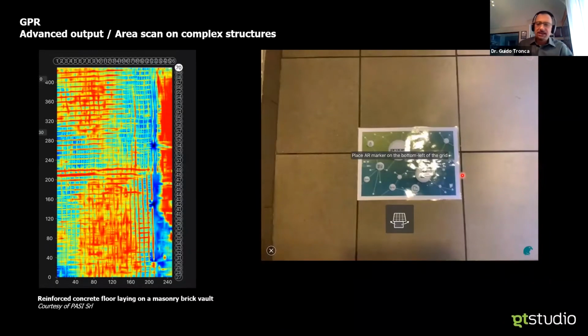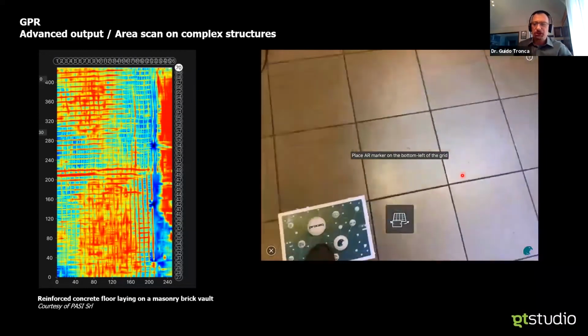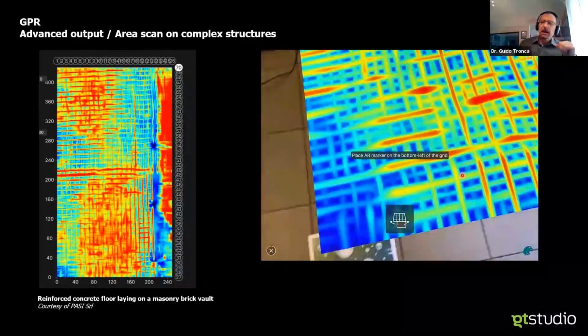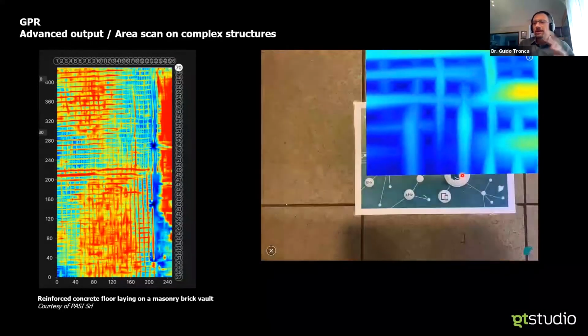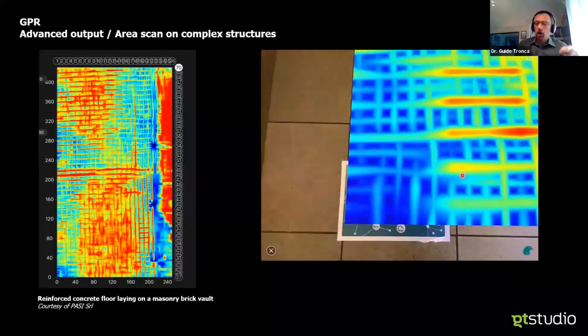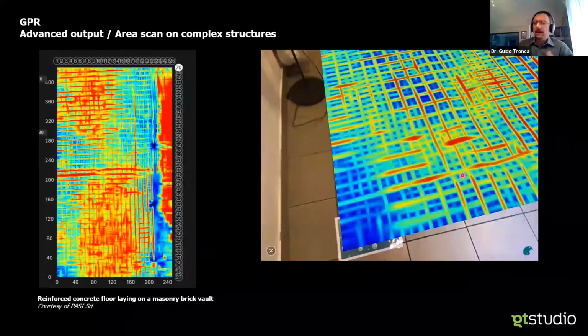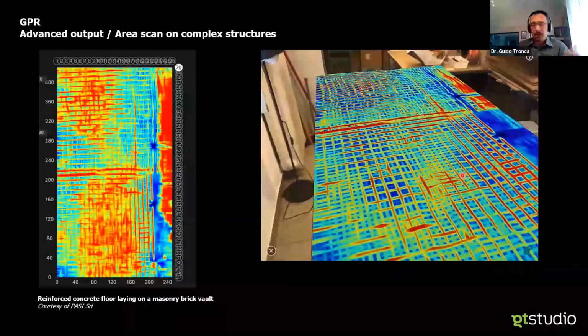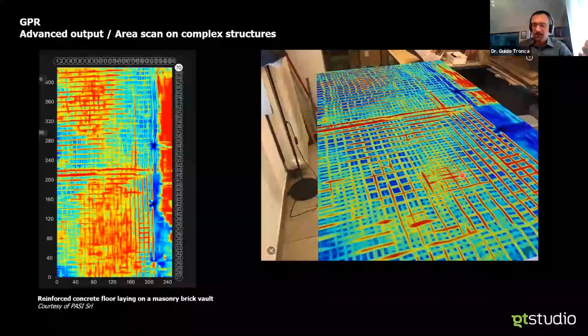Okay, this on the left is just a snapshot at a given depth. The full insight of the whole slab can be gathered by, in this case, a flexible area, so several meters were scanned.